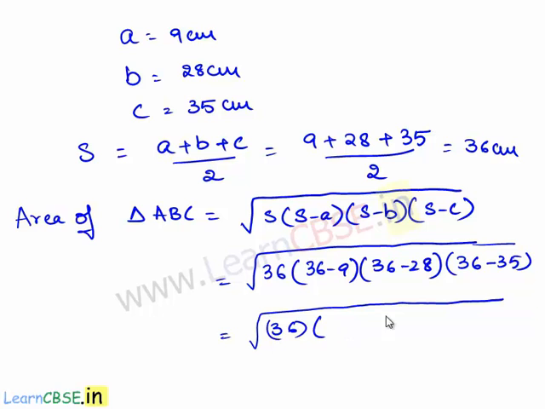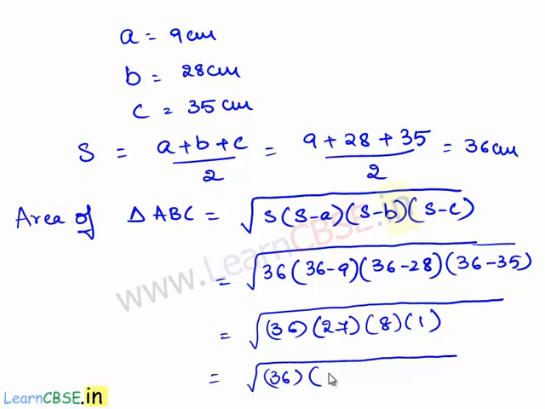So this is equal to square root of 36 times 27 times 8 times 1. So this is equal to square root of 36 times 27 is written as 3 times 9 and 8 is written as 4 times 2.